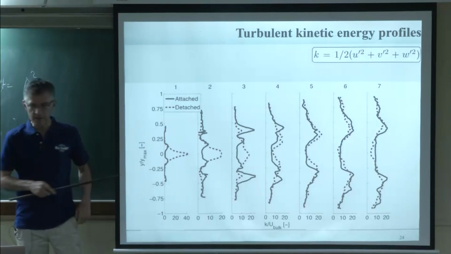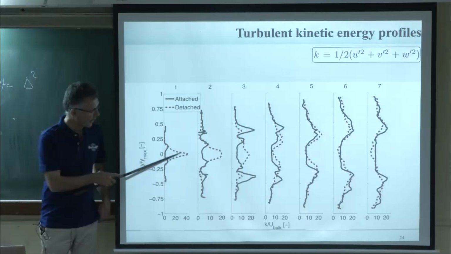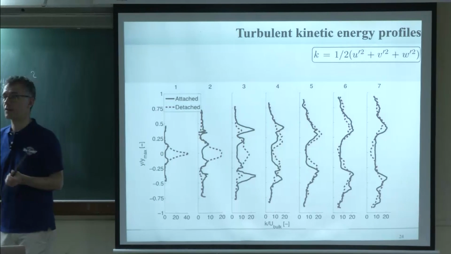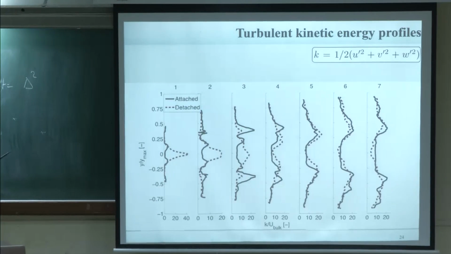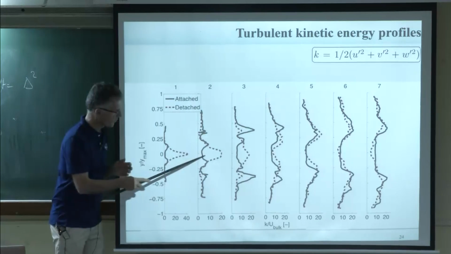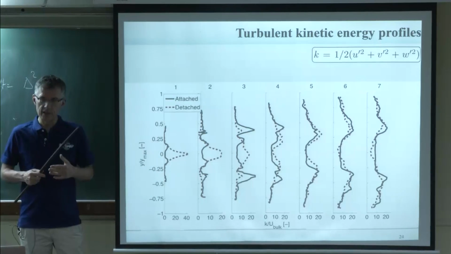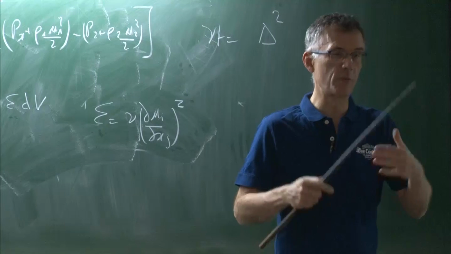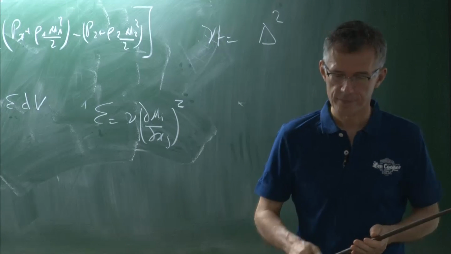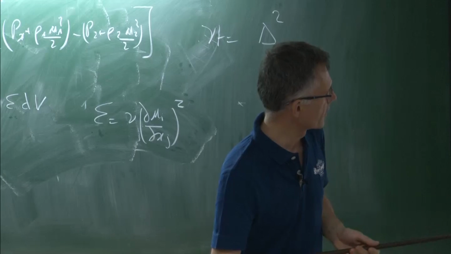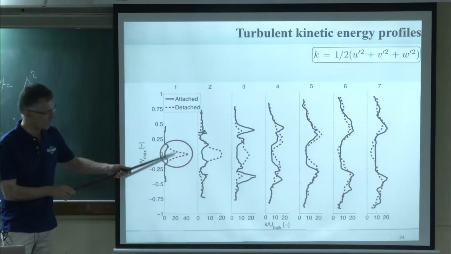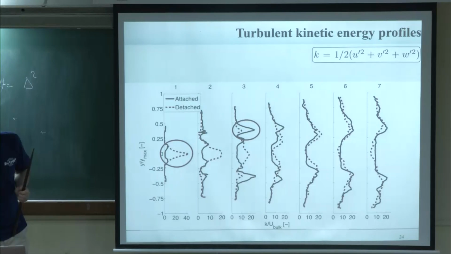The detached flame has a lot of turbulence going on here, and you will see that this is because it has a very strong PVC. While for the attached flame, because the burnt gases come back to the inlet, the flow is more viscous and the PVC just disappears. So this is the kinetic energy, and you can see the big differences between these two regimes.